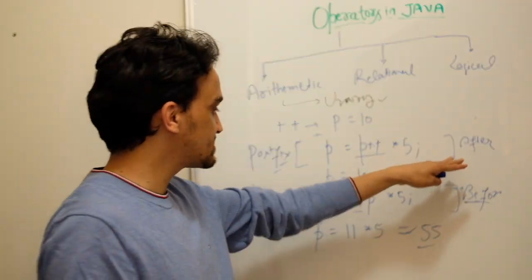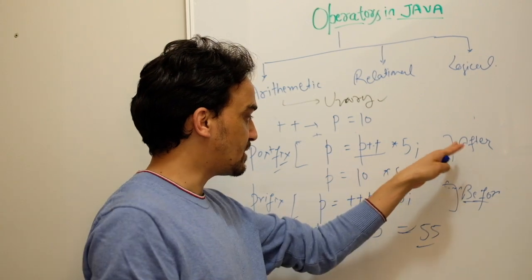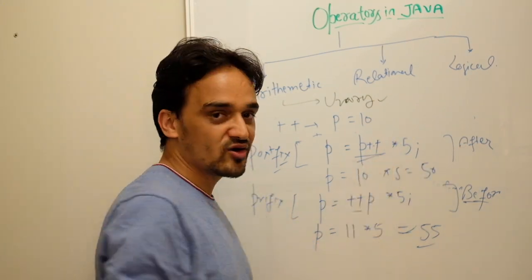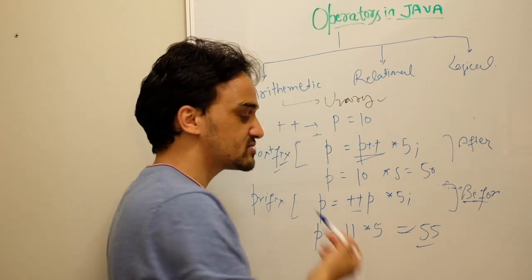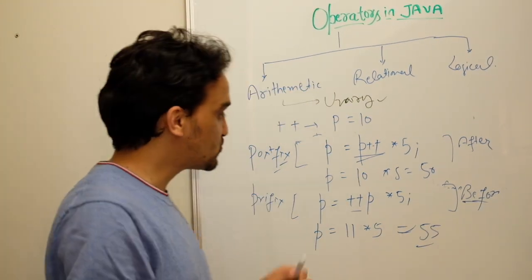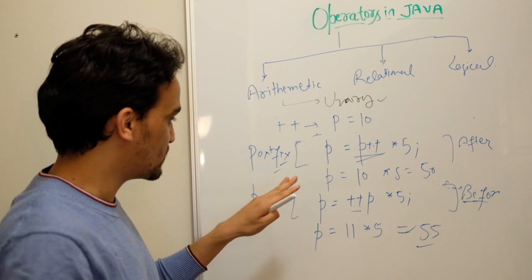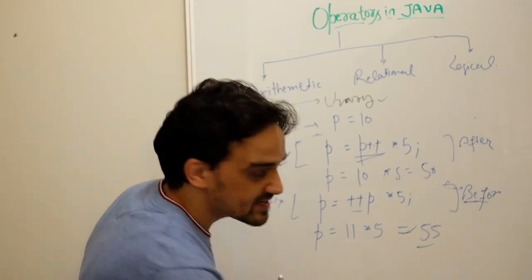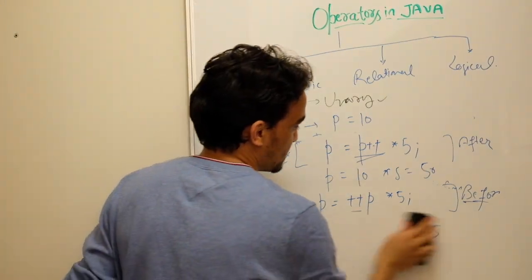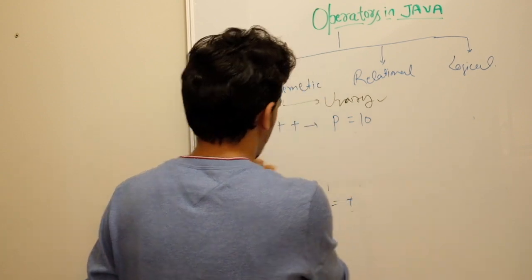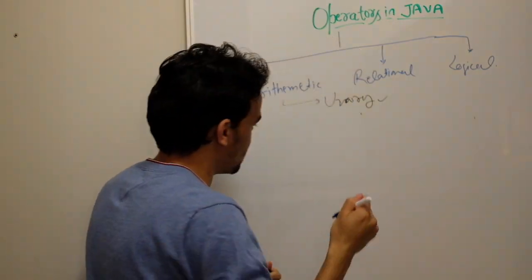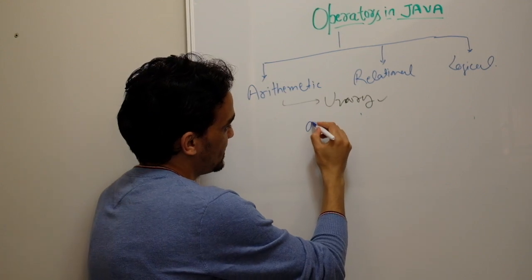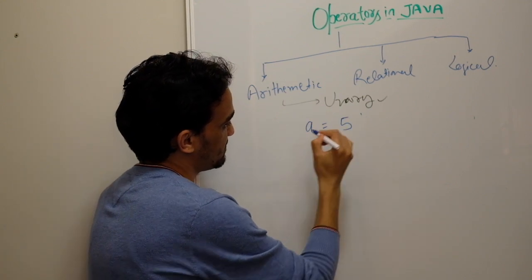In one case the increment happens after the operation or assignment, but in the other case it happens before. Now there is one more interesting part to it, and that might confuse people sometimes. Let's take this example. Let's suppose A is given 5.